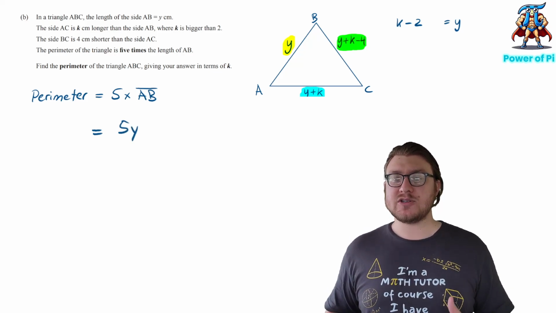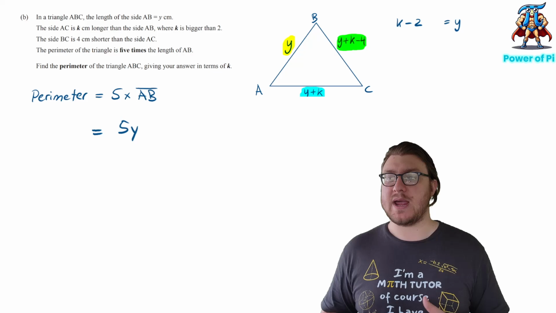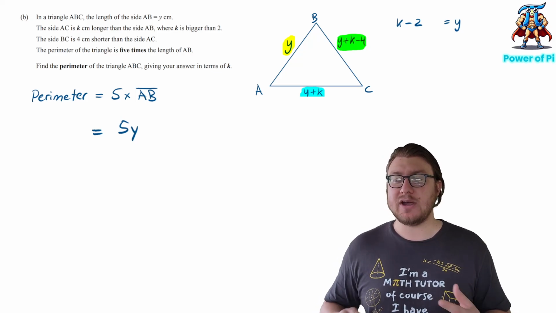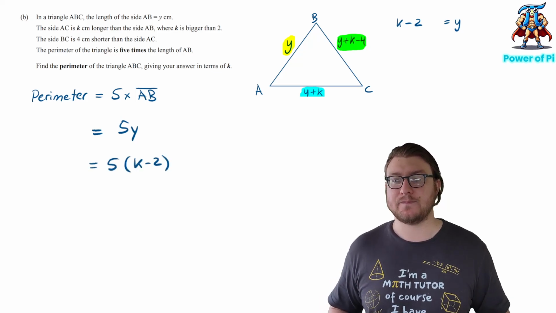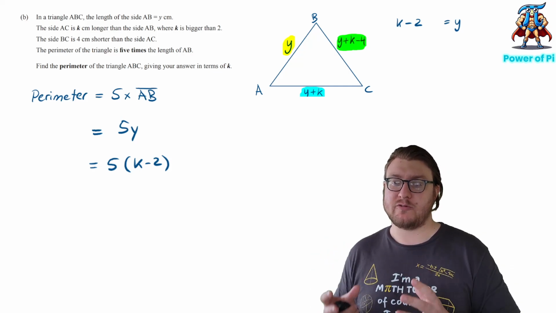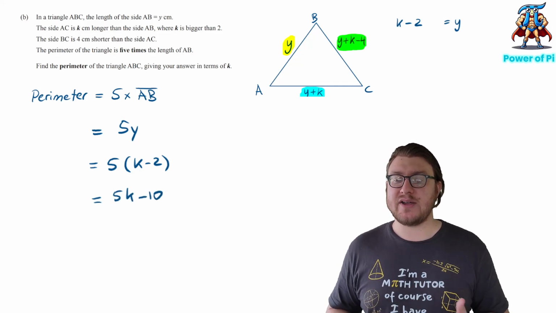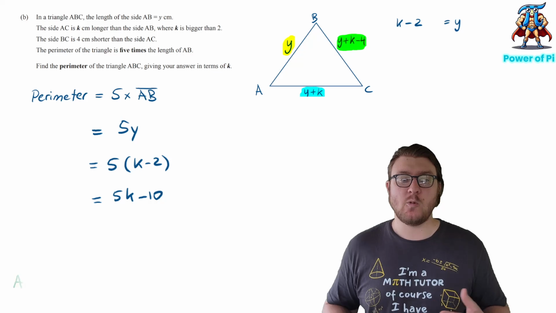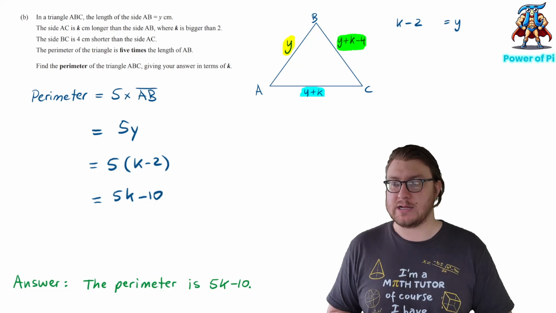Now, if we now substitute in k minus 2 for y, then we should be able to get the answer. But be careful, every time you substitute, you should put brackets around, because it's 5 times y, so the whole thing of y. And expanding the brackets here will give us 5k minus 10, which is the final answer for the perimeter of the triangle.